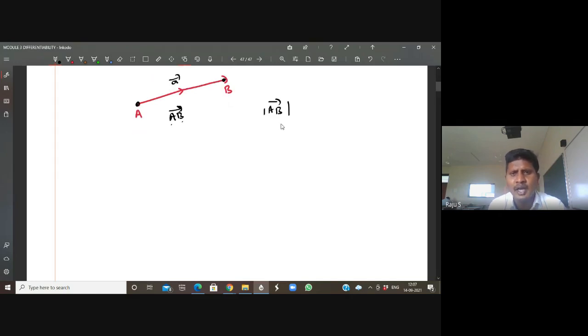This can also be written simply as AB, the distance from point A to B, or as magnitude of a vector, or simply a. This is nothing but the magnitude. The magnitude of a given vector can be represented as modulus of AB, or simply AB, or modulus of a vector.